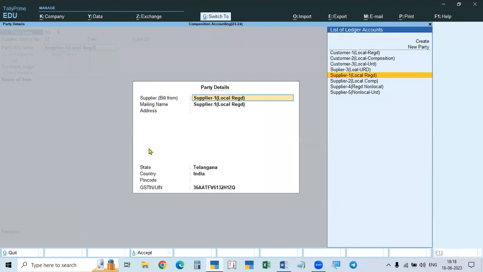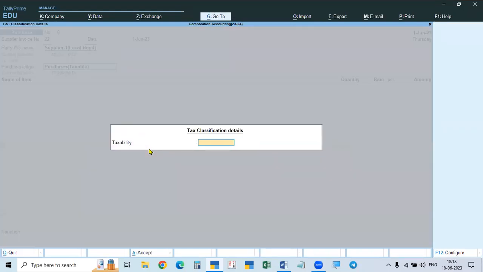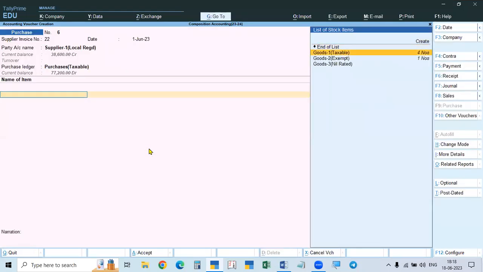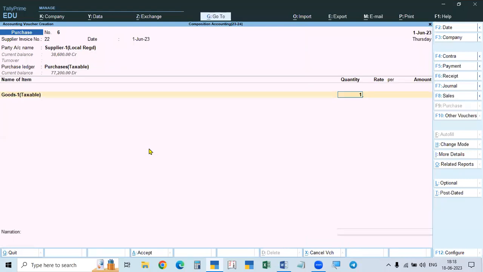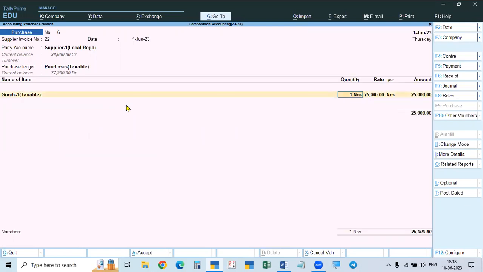He is a local registered person, so he will put the tax. Goods taxable. So we are taking taxable goods, one unit, 25,000 for example. See here, in this case also, it is not taken as yes here. So in this case, goods taxable.